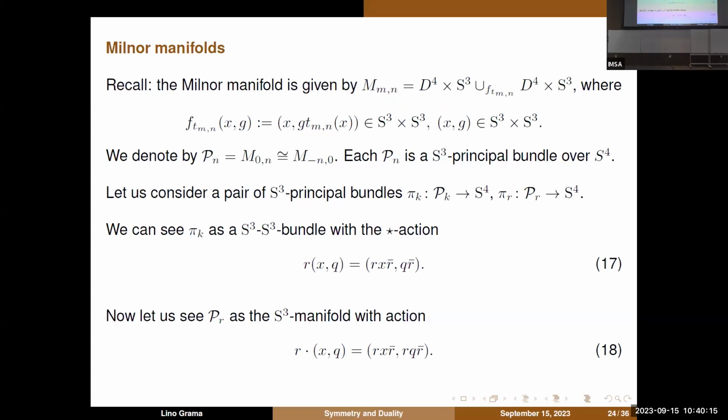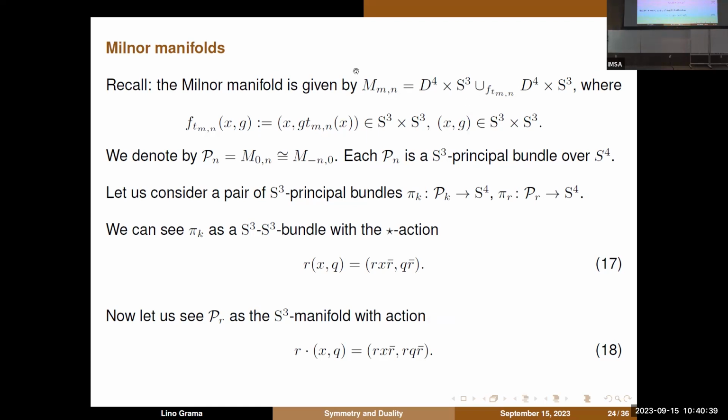And now, for instance, we can put the Milnor manifolds in this setup. We can put Milnor manifolds in this language of two actions that commute, picking different actions and different orbit spaces. Just as a recall, the Milnor manifolds are these two spaces glued by some functions.